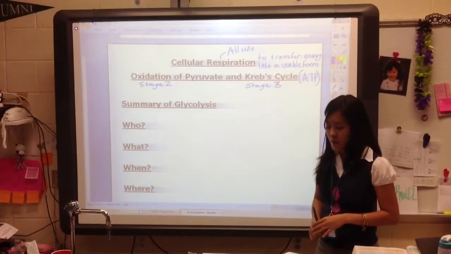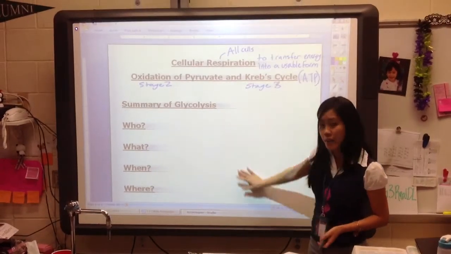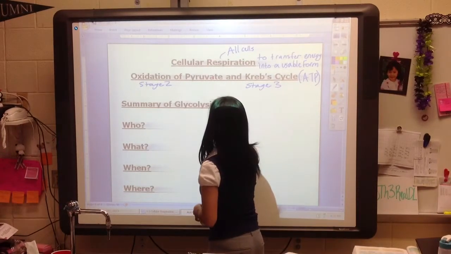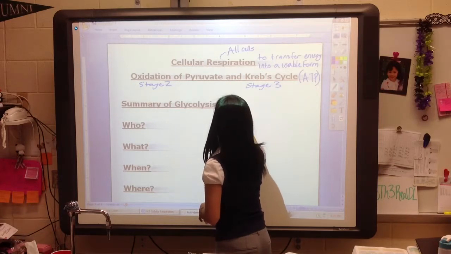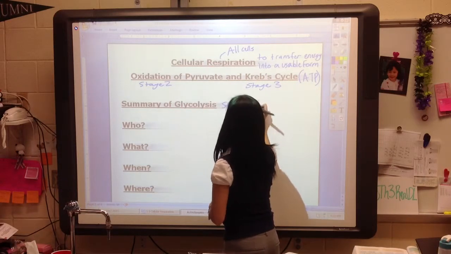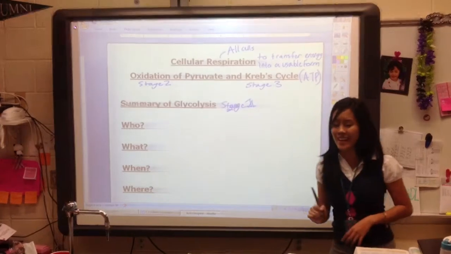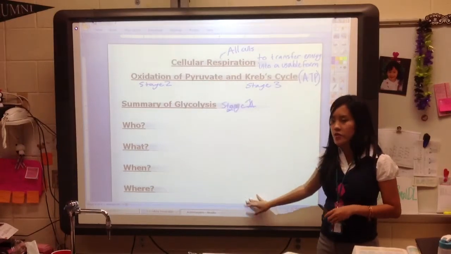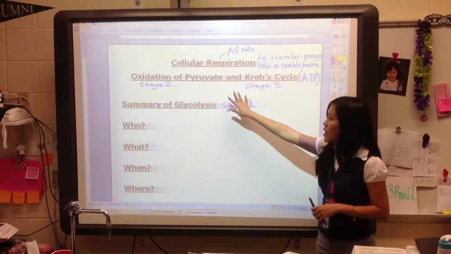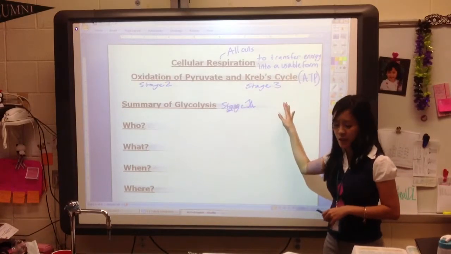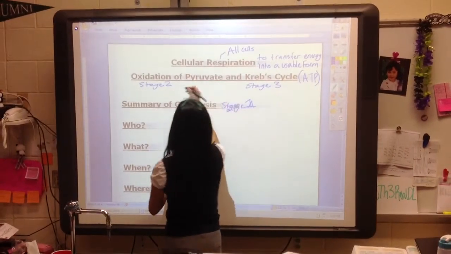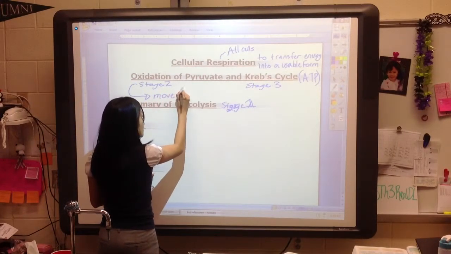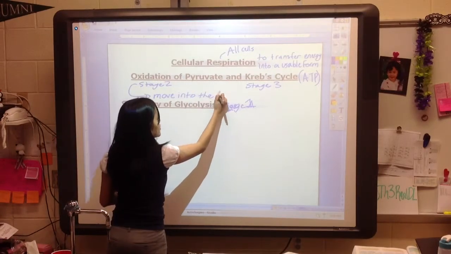But before we move into that, we want to think about how we got there. We first had to go through stage 1, which was glycolysis. When we talk about the oxidation of pyruvate and the Krebs cycle, I do want you to keep in mind that we're actually going to be moving into the mitochondria.